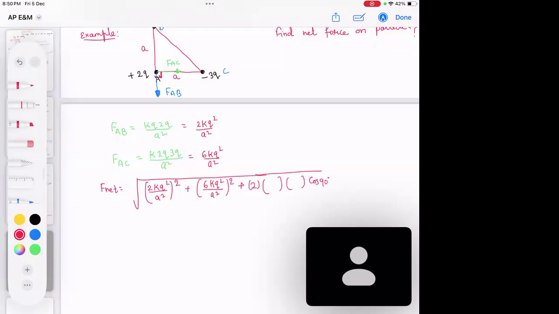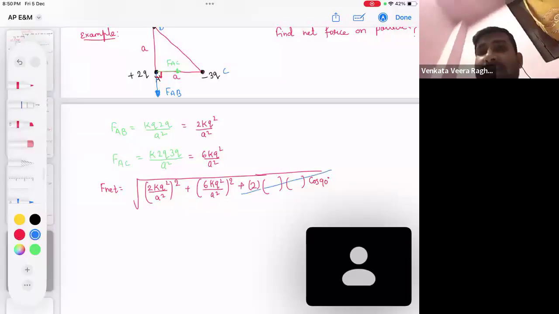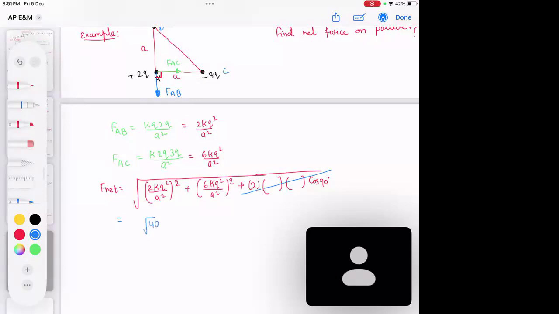That's why I did not write it, because the moment I write cos 90, it makes it 0, isn't it? So why should we write this term unnecessarily? Now just simplify it. Is it coming 4 and 36, under root of 40 kq square by a square? Yes, so actually that is done.